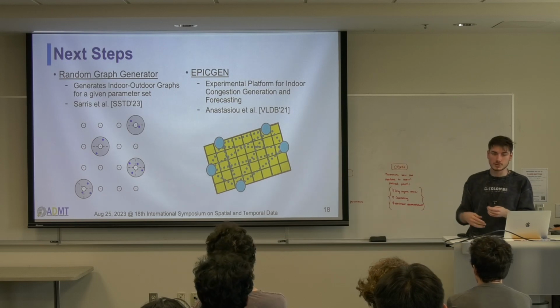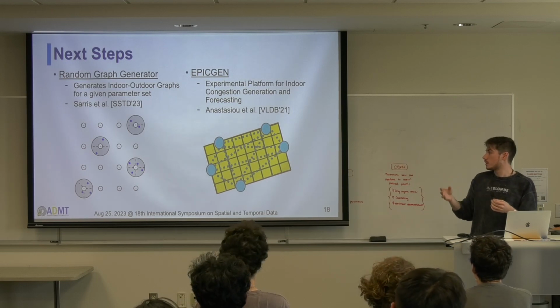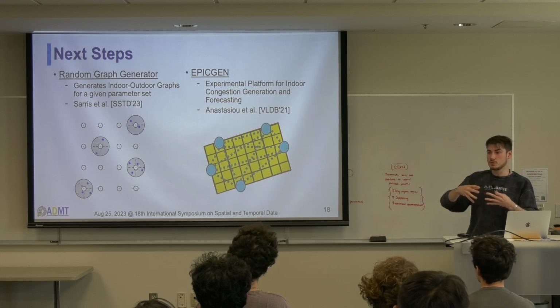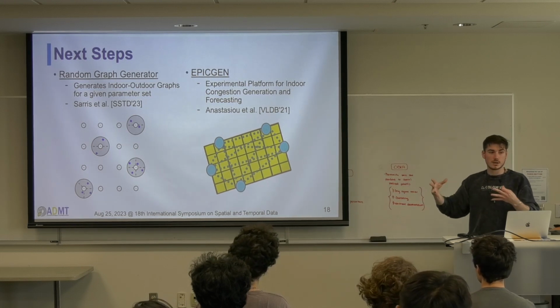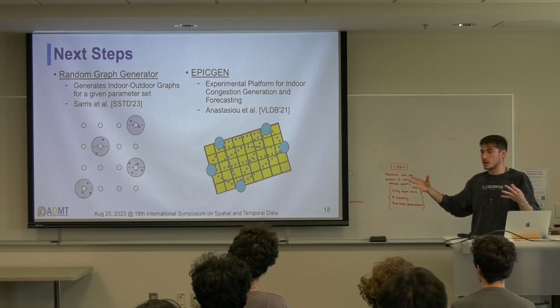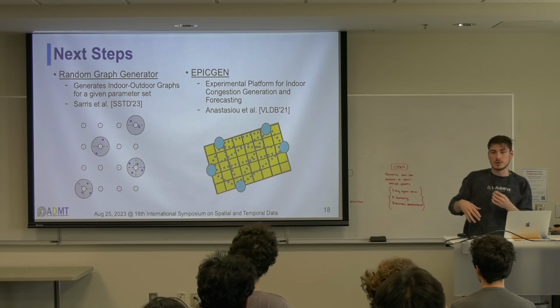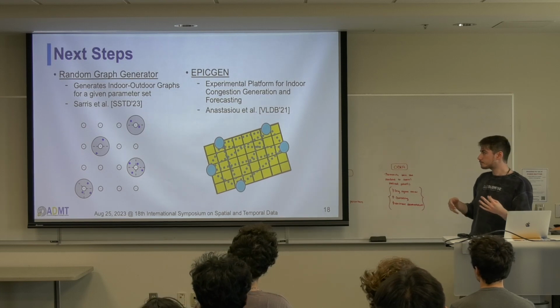We have to map through all of our buildings and do all of our data collection for that. So what our random graph generator allows us to do is generate realistic indoor-outdoor graph environments that we can now test our pathfinding algorithms on and learn more about them.